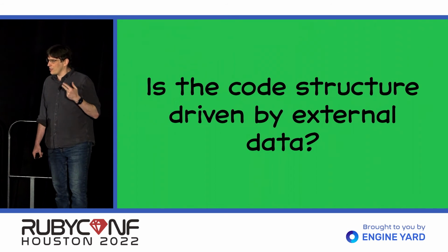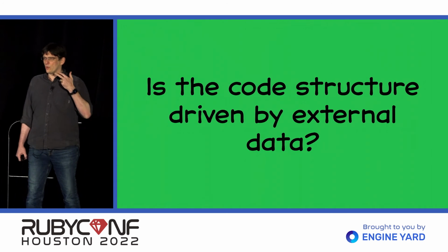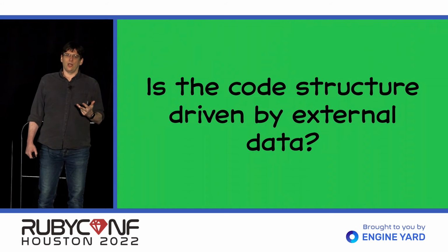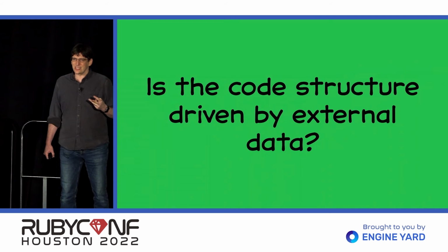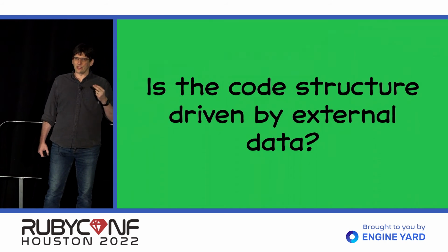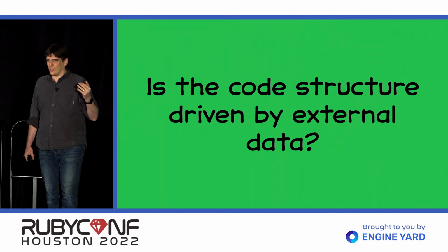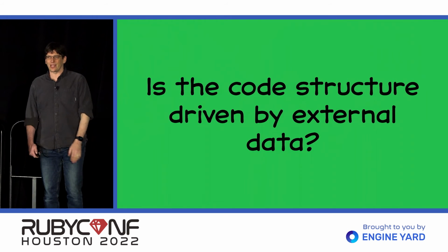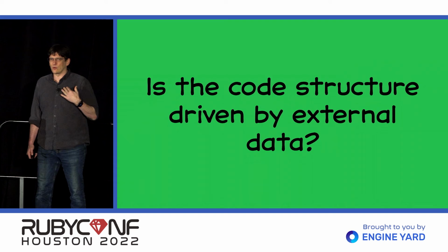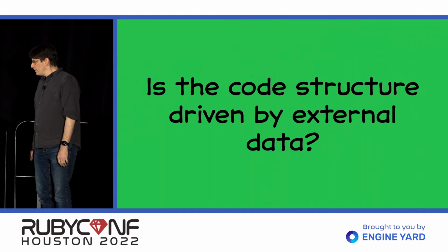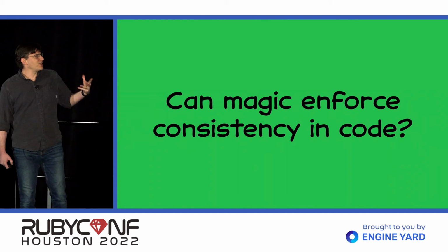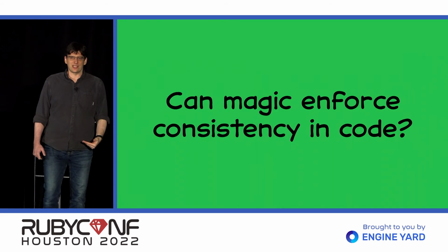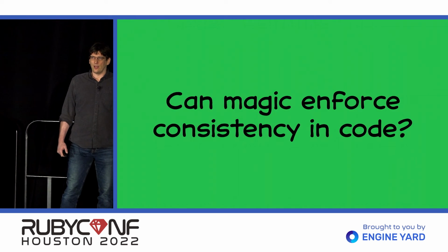Rails routes does the same thing, to enforce the consistency of URL patterns to controller methods. All of those things have structure that's driven by external data, and therefore, to my mind, are really good candidates for metaprogramming. Can the magic enforce the kind of consistency that you want in your code?